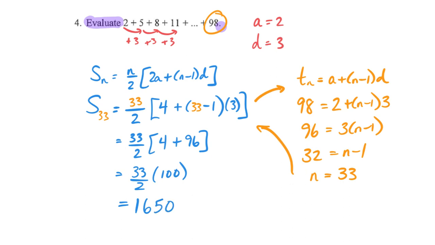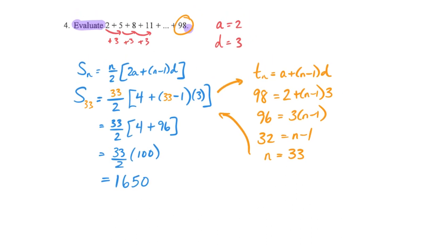Hopefully not too bad. Now you will notice we had to do the orange. And if we had to do the orange, then you may have felt a little more inclined to use the old green. If you saw from the very beginning that you needed to find out what term number 98 was, you may have then said, hey, I'm looking for the sum of 33.